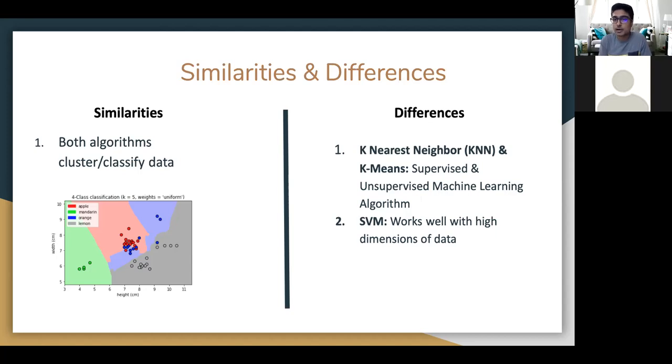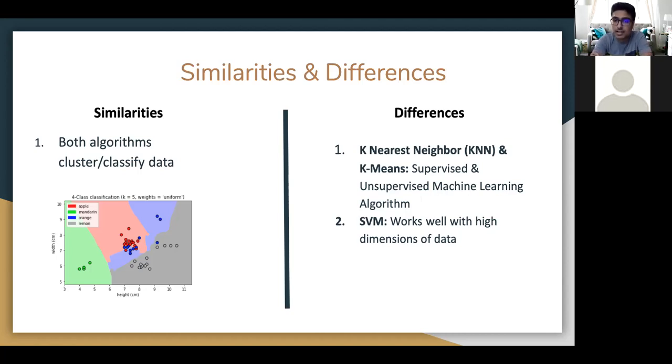The example we provided earlier, if we are managing and predicting and making classifications on very large data sets involving hundreds of thousands of pieces, KNN and K-means are not the best option because they cannot handle and make classifications with a high accuracy score with that large amount of data.